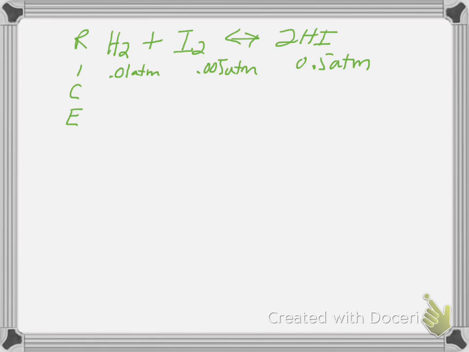What did they give us? They gave us K. And what was K? 100. Okay? So, at the gaseous, I would suppose HI and R, calculate the equilibrium pressures.